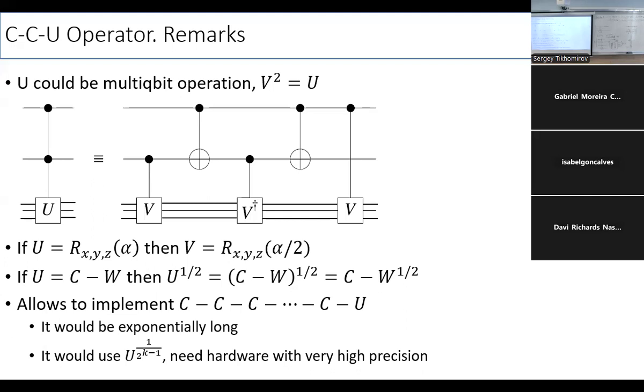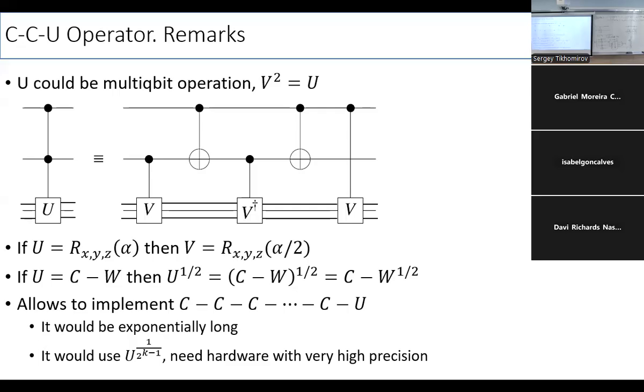And the second thing is exactly what Altan said, that at some moment we would need to construct u to the power 1 over 2 to the power k minus 1. Assume that even if it is a rotation, then this should be a rotation by the angle alpha divided by 2 to the power 9.